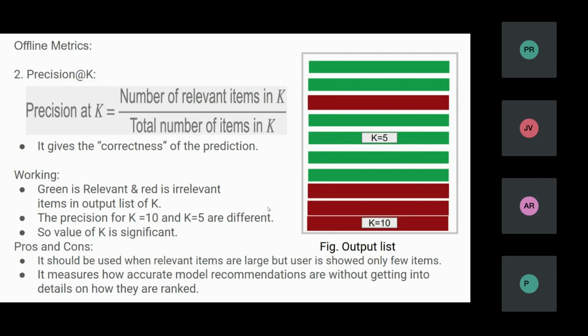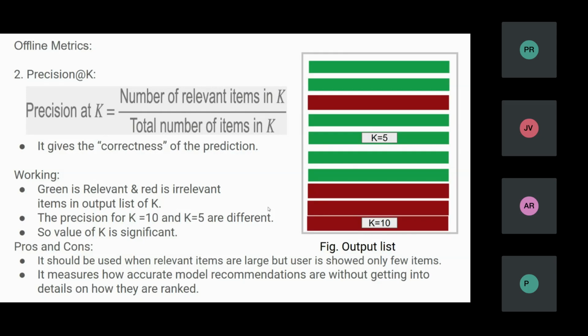You can see the formula for precision at k: the number of relevant items in k divided by the total number of items in k. The overall thought of precision is that it gives the correctness of the prediction.